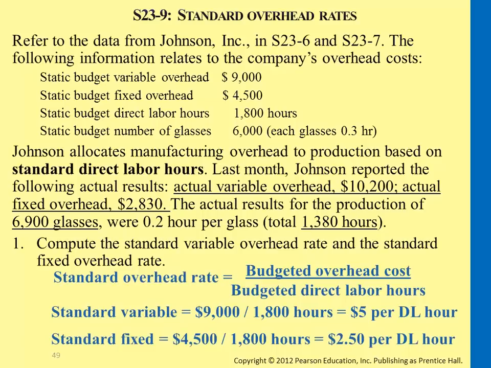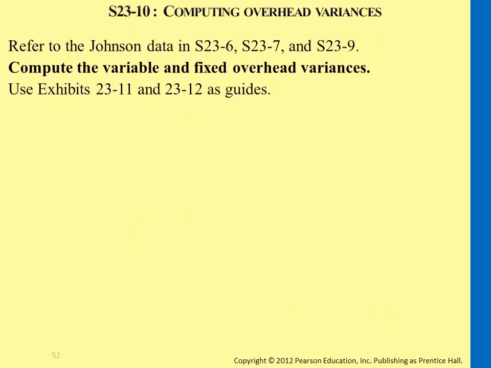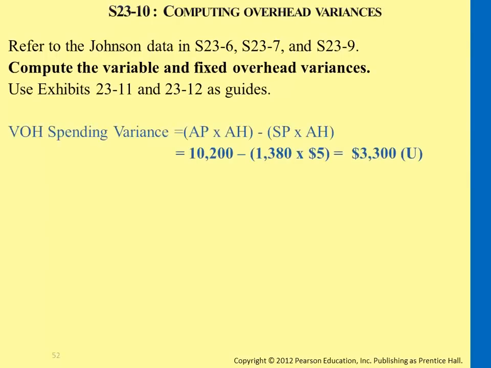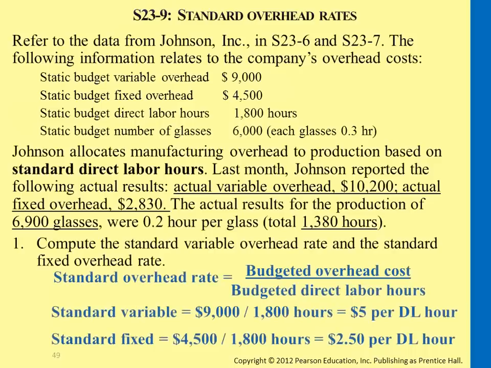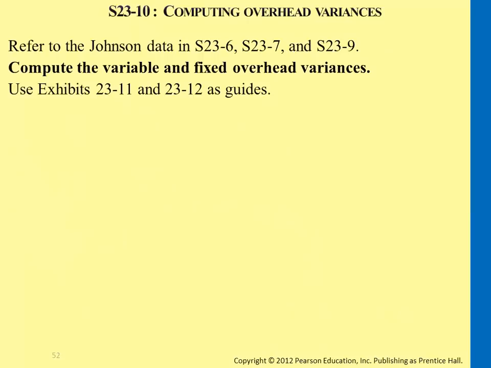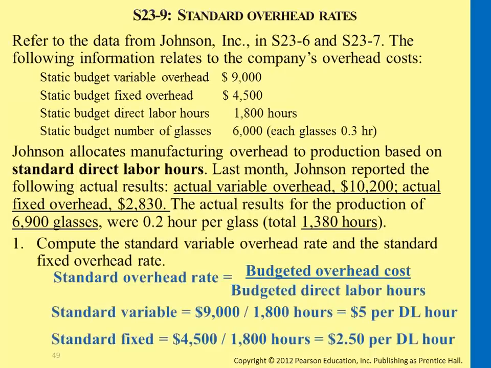Okay, we'll be using this for variable overhead variances and also fixed overhead variances a little bit later. Now, if we want to compute this part using this information, if you want to get variable overhead variances and fixed overhead variances, we're referring to this problem here. How would you be able to get that?